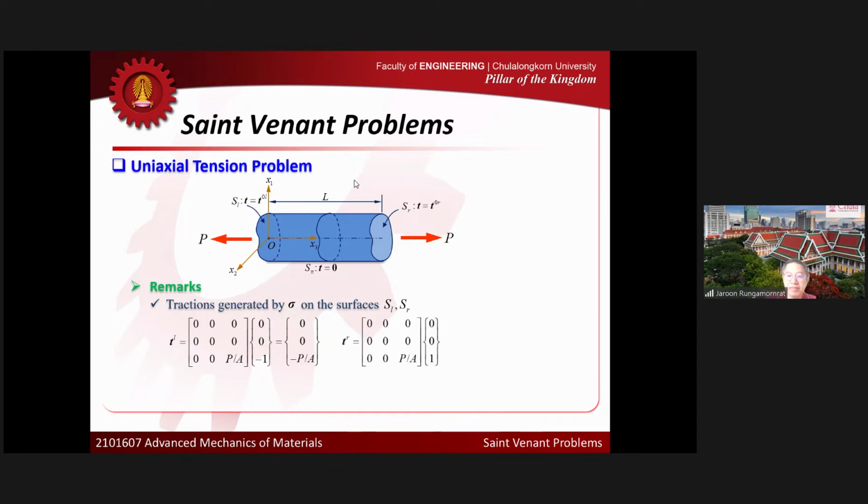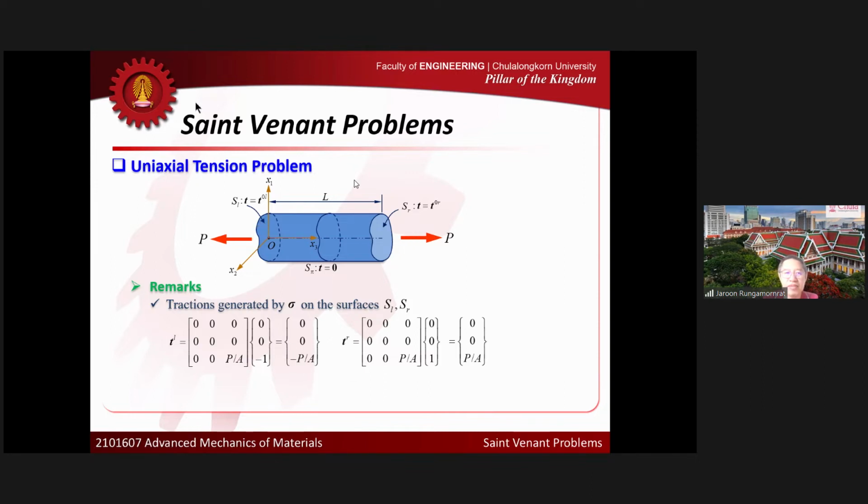At the right end, we can do exactly the same way. So this is the traction generated by the stress field at the right end. We get the traction like this. So you can see that the traction generated by the stress that we got before is simply a constant. It's simply a normal pressure acting at the left and right ends with a constant value, right?